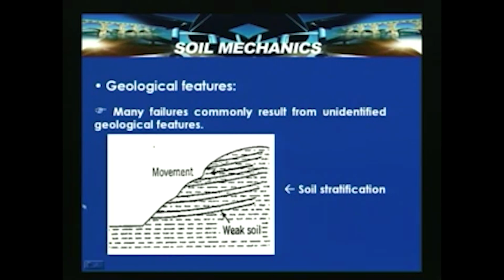So there can be stratification, like varved clay, where you have a weak soil and then a stiff soil, weak soil and stiff soil, and if these stratifications are dipping down the hill slope, the weak soil layers can become a planar failure surface. Particularly this type of soil stratification, if a portion of the soil is homogeneous, can have a number of planar failure surfaces possible in some types of slopes.